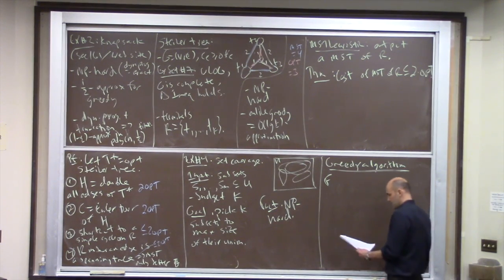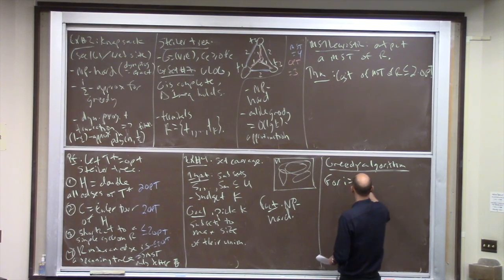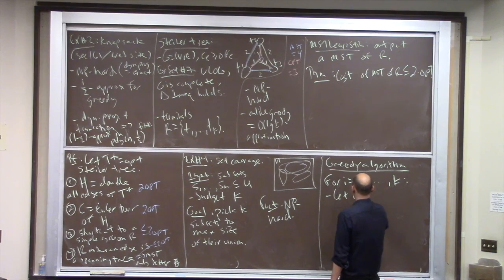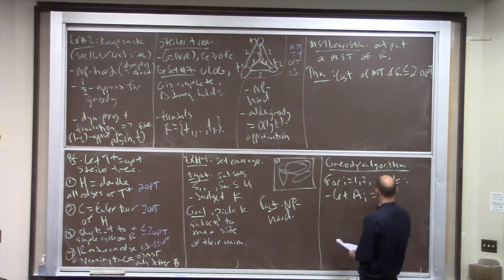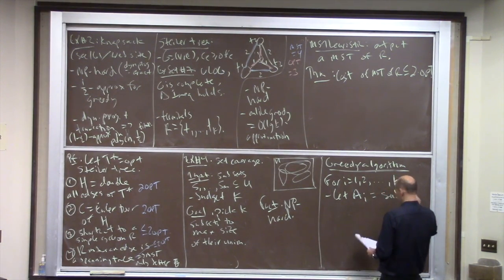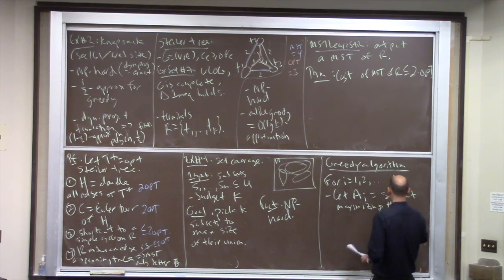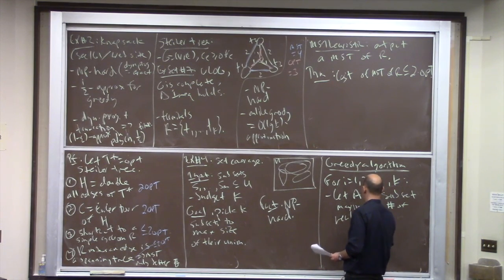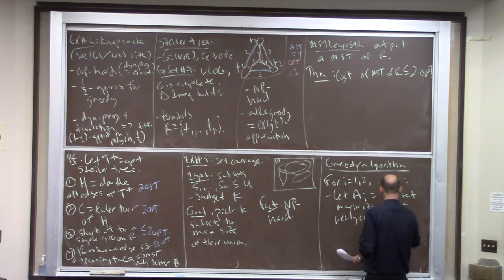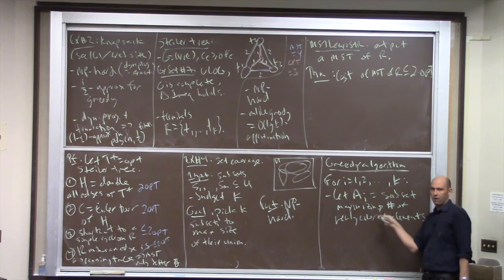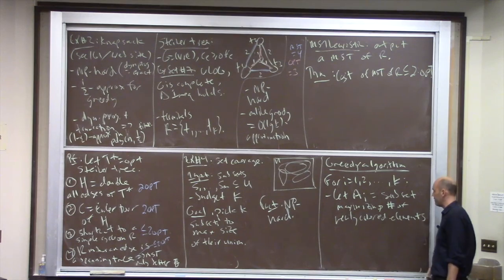Okay? So a little more formally, you just pick the sets one at a time, and in the ith iteration, you pick the subset that maximizes the number of elements that are newly covered with respect to A1 through A(i-1).